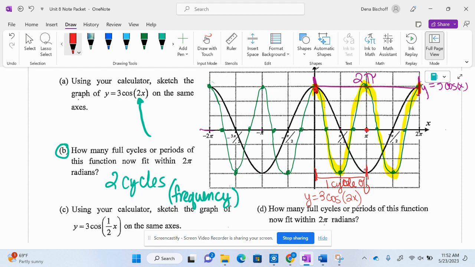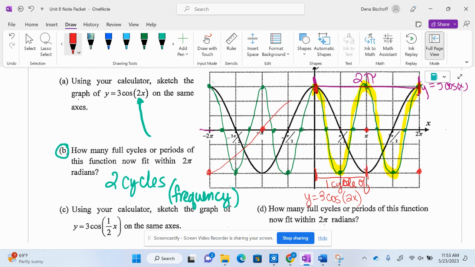And then at pi it's at -3, but that's not going to happen until 2 pi. And then I'm going to go in the opposite direction. So instead of being at the midline again at -1/2 pi, it's not going to be at the midline until -pi. And then instead of being at -3 at -pi, it's not going to be at -3 until -2 pi.